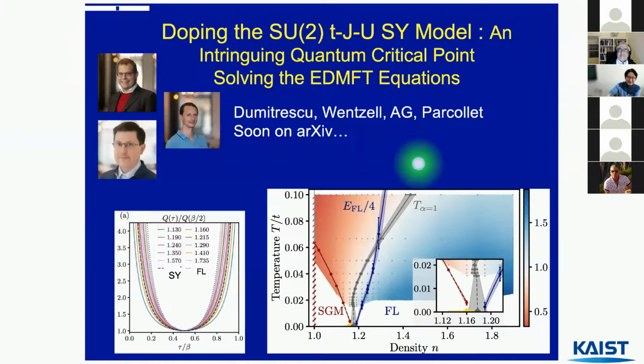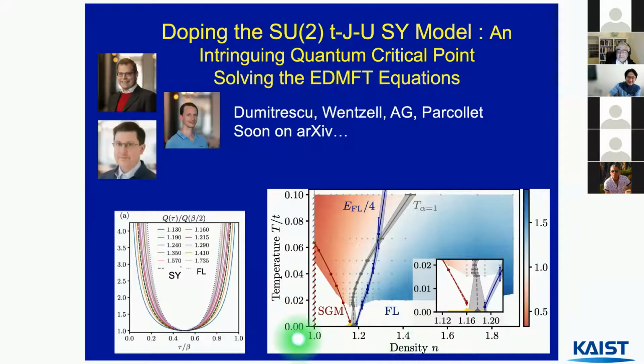All right. Okay, so here I want to show you some new upcoming results by the group at Flatiron, who are looking at the same model by a different method, by solving EDMFT equations that people at Flatiron and others like Vlad are experts at solving. It's not quite the TJ model, but it's pretty close to it.